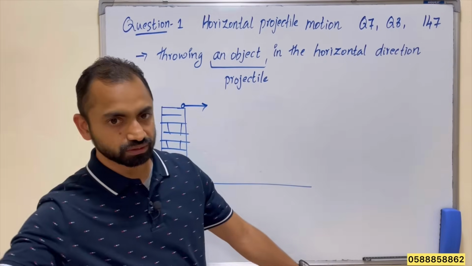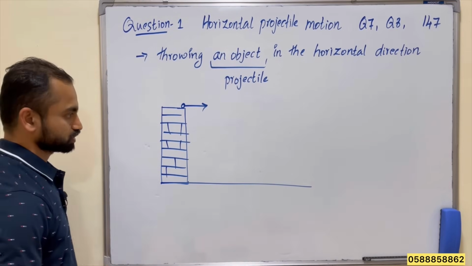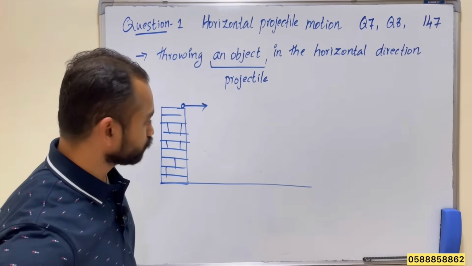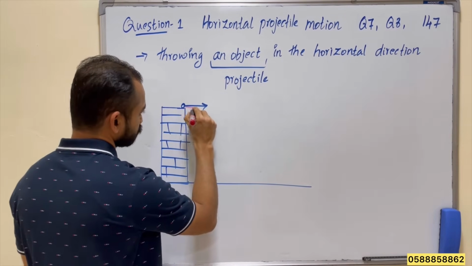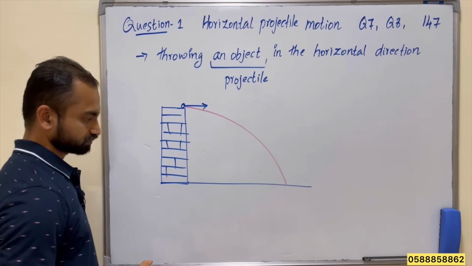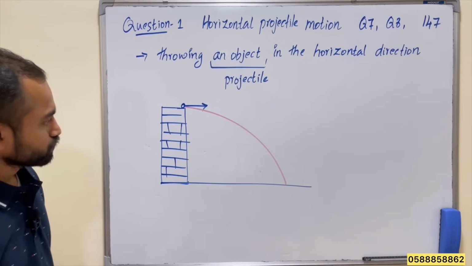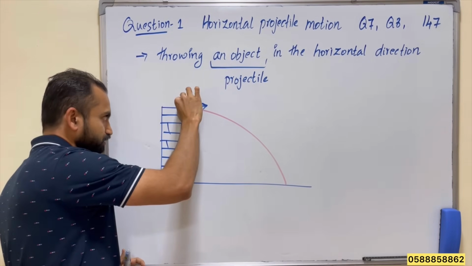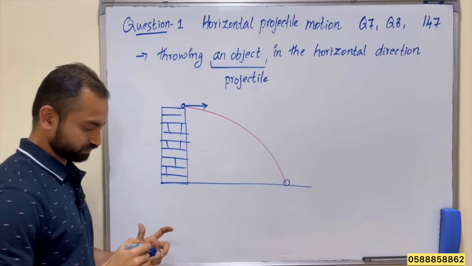So this will be a horizontal projectile motion, and the ball will follow a path like this, right? It will be moving like that. So here you can see the ball was initially here, and finally the ball will reach here.